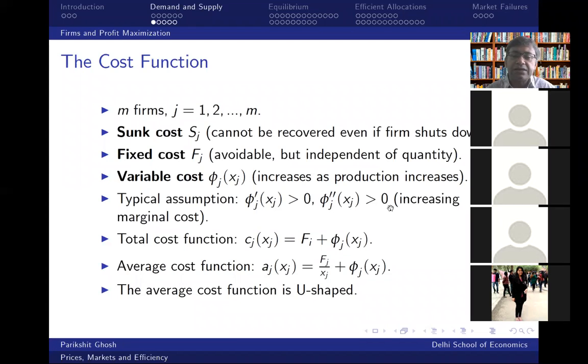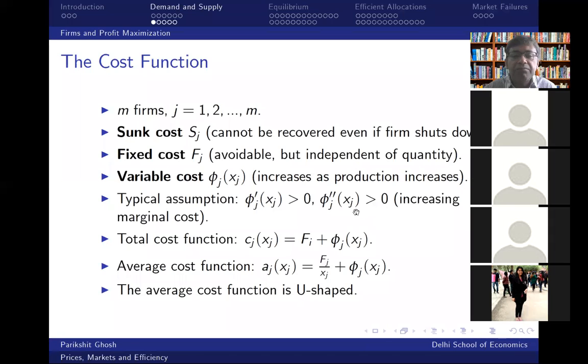So this is really an assumption which says increasing marginal cost, that it becomes increasingly more costly to add to output a little bit. Is that a reasonable assumption? Well, we'll study the theory of the firm and costs and so on in detail later, but I think one can make some appeal to intuition that in many situations this may be true.